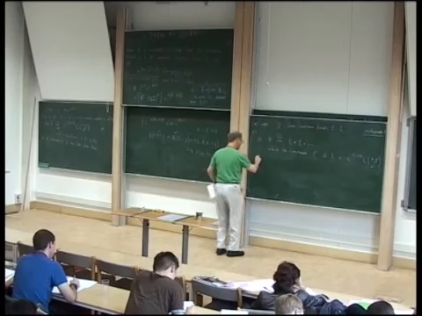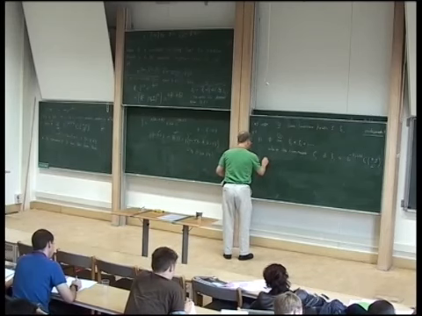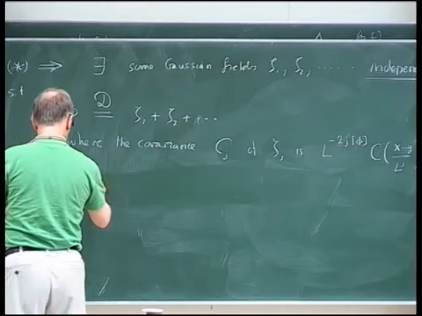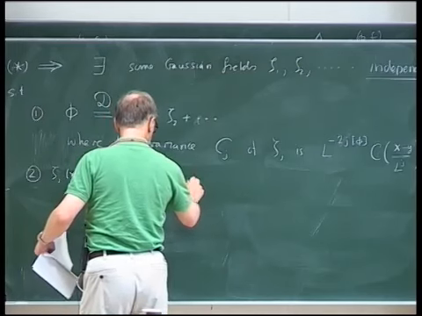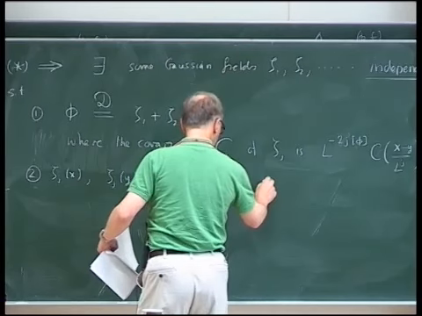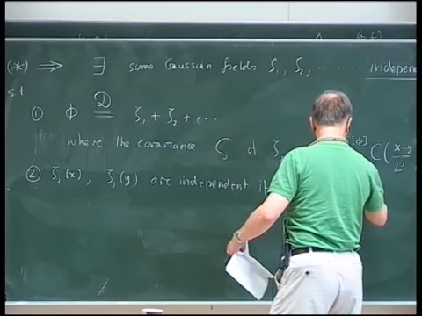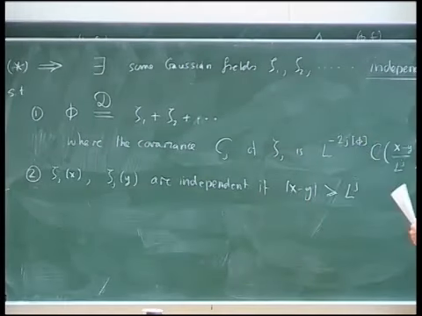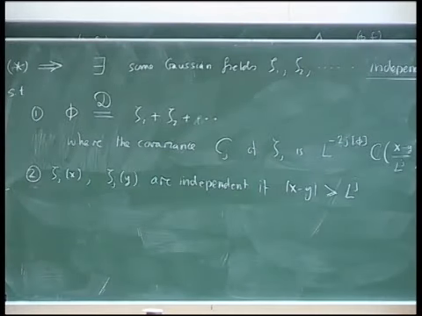Second, zeta jx, zeta jy are independent if the distance between x and y is greater than L to the j. Now that is because I made this assumption here.